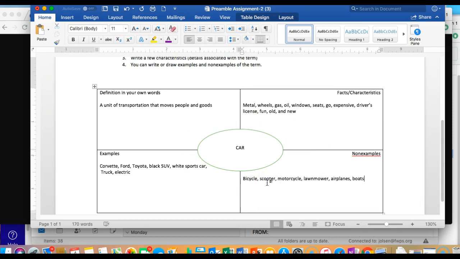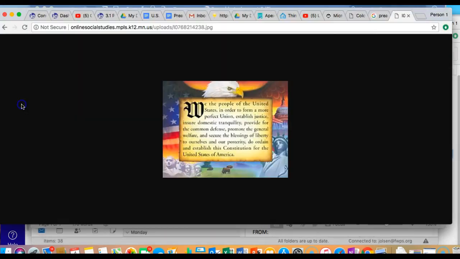Okay, so when you look at the preamble and you are choosing terms, you might choose union, you might choose self-government, the words justice, tranquility, welfare, right there, liberty, or maybe posterity.